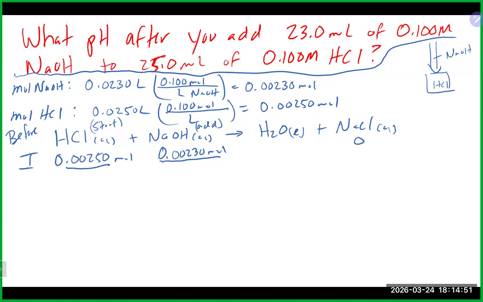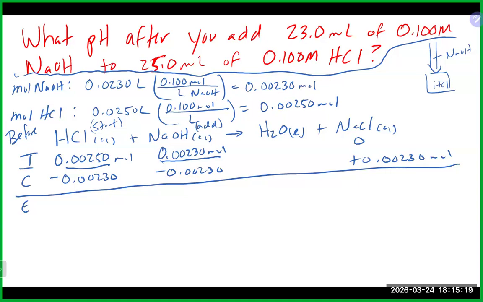Because of that, I know that the change here is going to be our sodium hydroxide, which is what we're adding. So it's the smaller number, minus 0.0023 for the reactants and a plus 0.0023 moles for the products.